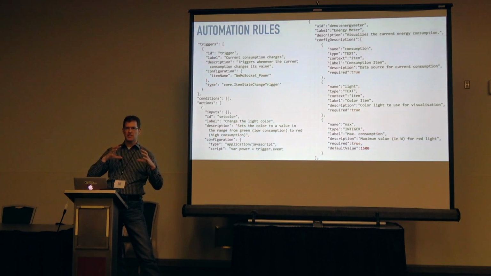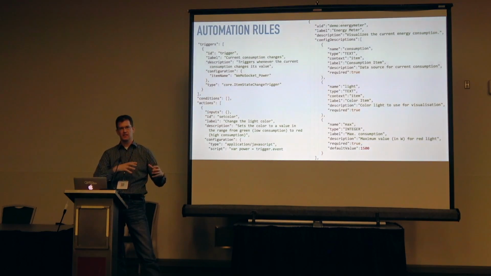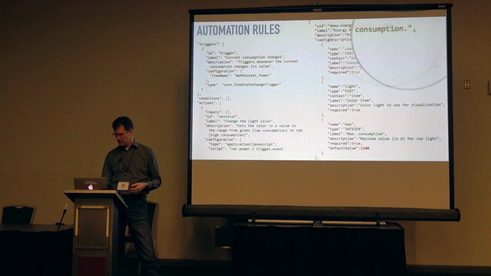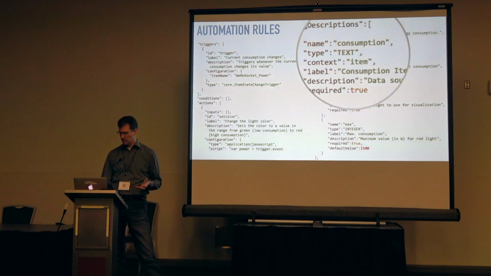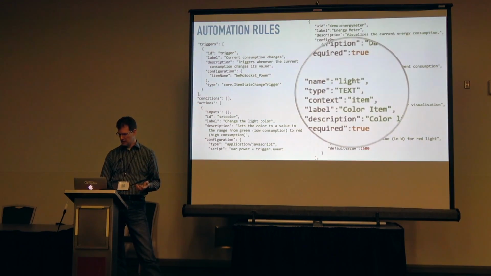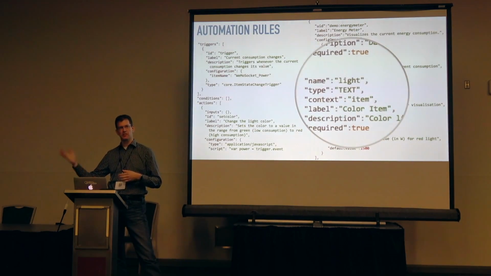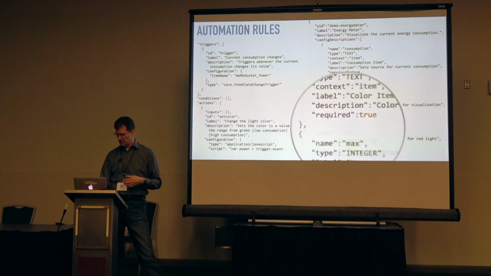Using these placeholders, you have on a template an additional section which describes the configuration that is required for your template in order to make a rule for a specific user out of it. So you see for the energy meter template, we require consumption information. Somehow we require a light that we want to switch from green to red depending on our consumption.